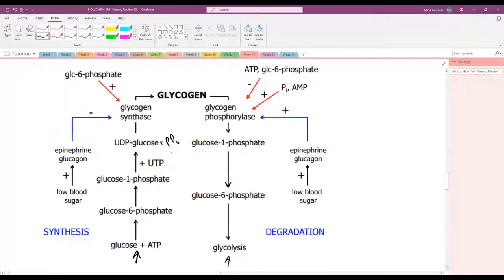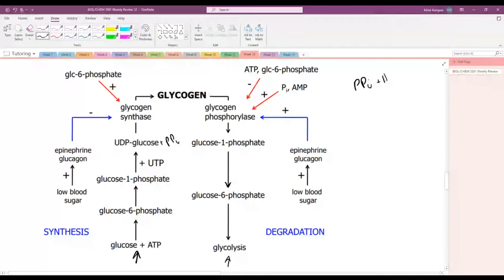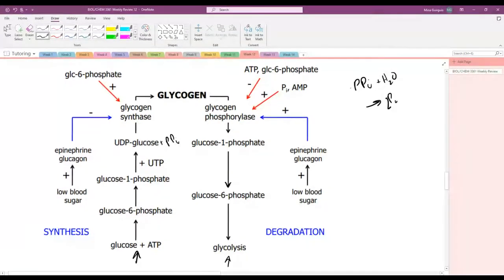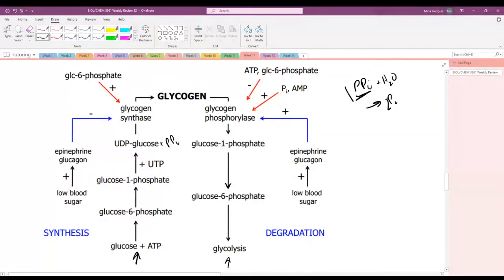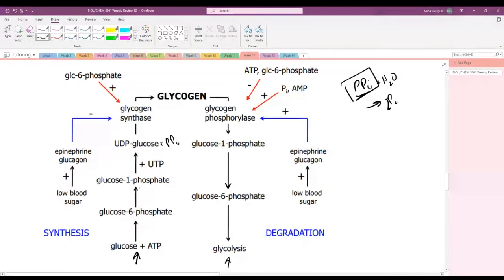We couple that with, over here to the right side, pyrophosphate plus H2O gives us 2 inorganic phosphate. So this cleavage right here catalyzes this reaction right here.